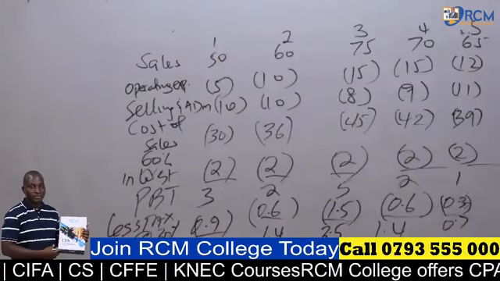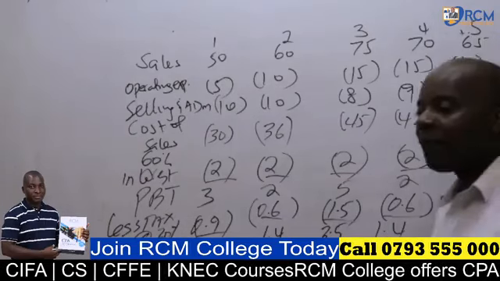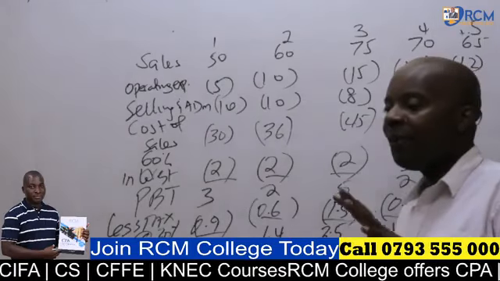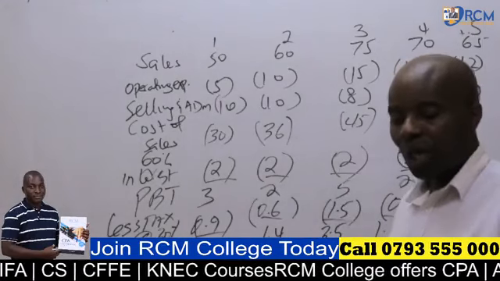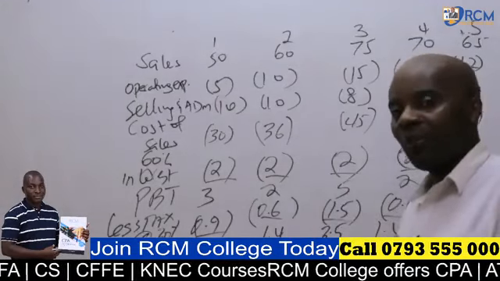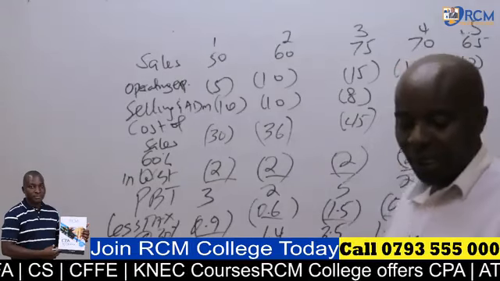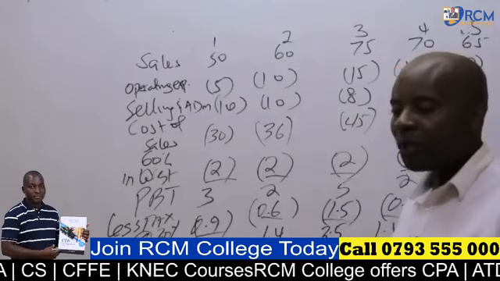Now, ladies and gentlemen, listen to me very well. If I had depreciation in the question, I would have said add back depreciation. But here depreciation is nowhere to be seen.